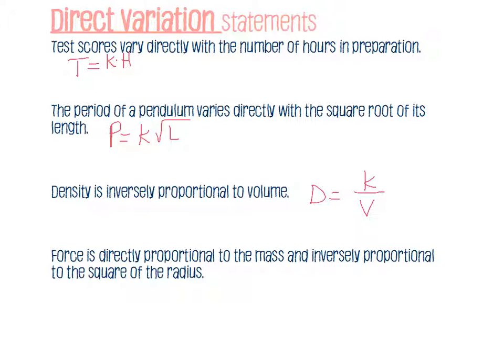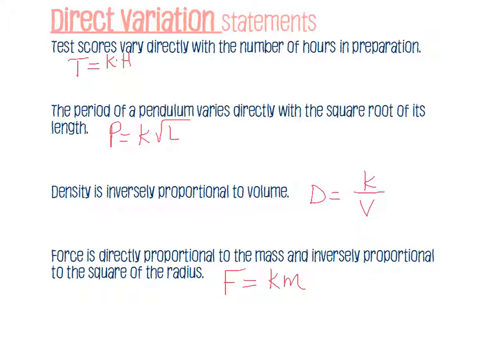The fourth one. This one was the tricky one because I got different stuff going on. I've got some direct proportionality, but I also have some inverse proportionality. I can't write two different equations. It all has to fit into the same equation. That's all right, we can do it. Force is directly proportional. I'm going to have a K times something. Directly proportional to the mass.